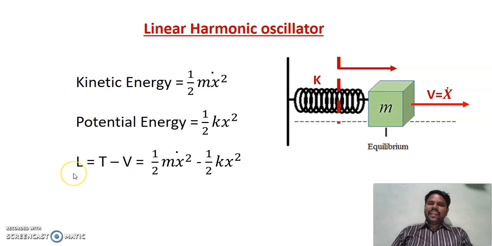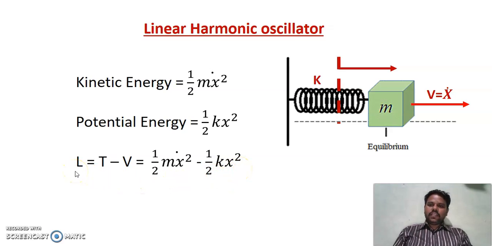We know that the Lagrangian is given by L is equal to T minus V. On substituting the kinetic energy and potential energy, the Lagrangian for the harmonic oscillator is half m x dot square minus half kx square.